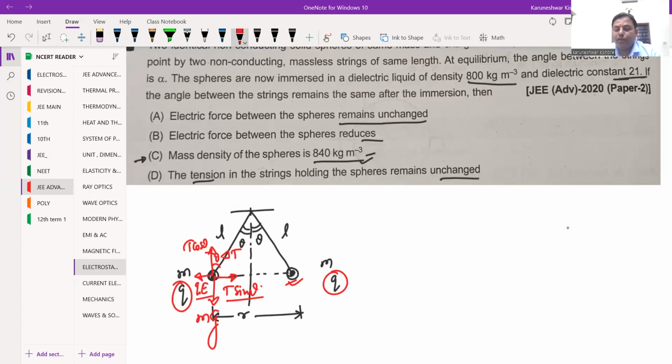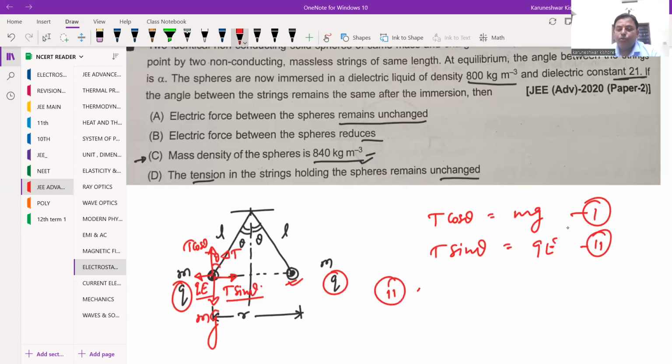So if I balance the forces in the vertical direction, T cos theta equals mg, this is one equation, and T sin theta equals QE, this is another equation. If you divide 2 by 1, what will the result be? T gets cancelled out, sin theta by cos theta is tan theta, and tan theta is equal to QE divided by mg.